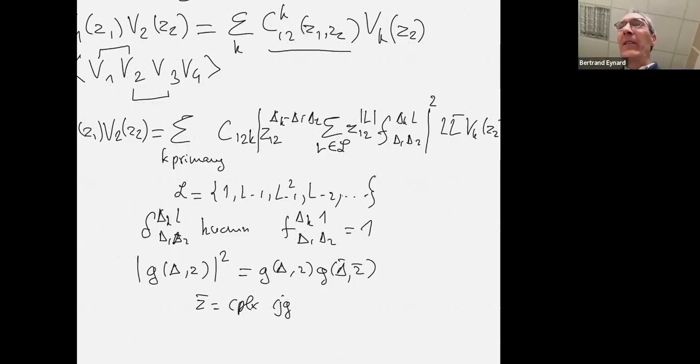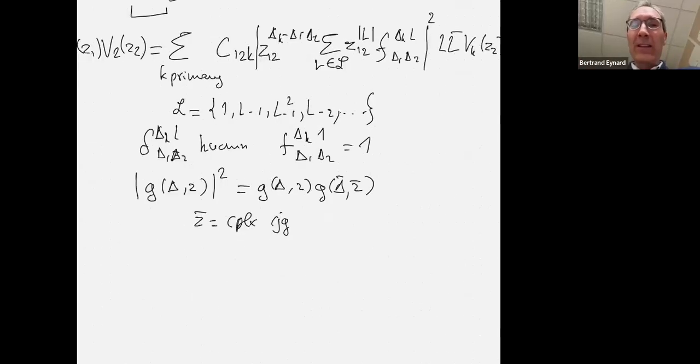Because the message of this formula is that basically we know everything if we know primaries, because descendants are taken care of by conformal symmetry with these factors F, which we know. So basically, we could write a simplified OPE by just writing the primaries. So V1(z1) V2(z2) is a sum over k primary, and we sum C_{12}^k.